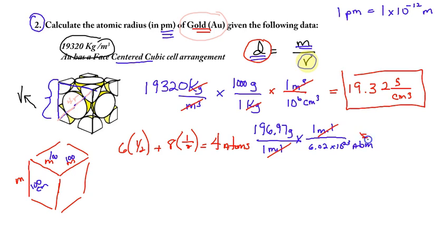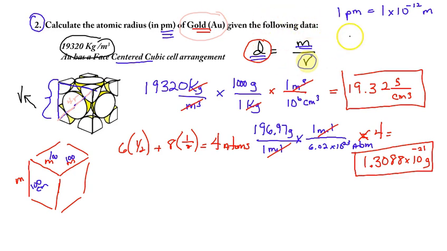I'm going to times this by 4. When I do the multiplication in my calculator, what I get is 1.3088 times 10 to the negative 21 grams. And what is this? This is the mass of 4 atoms.